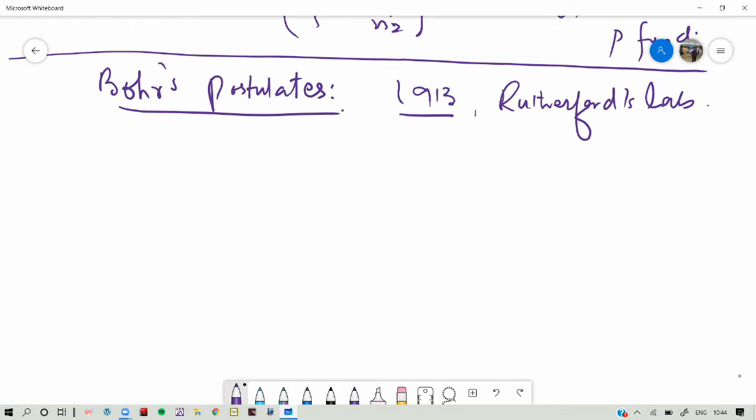From quantum mechanics, he considered the quantization rules: the quantization of energy and the quantization of angular momentum. From classical theory, he used the classical orbits around the nucleus, which were called stationary orbits and were stable according to Bohr.